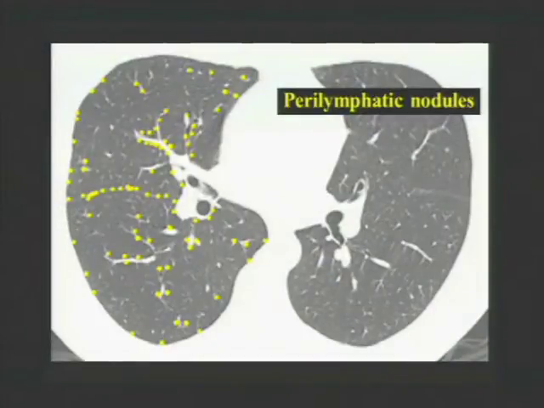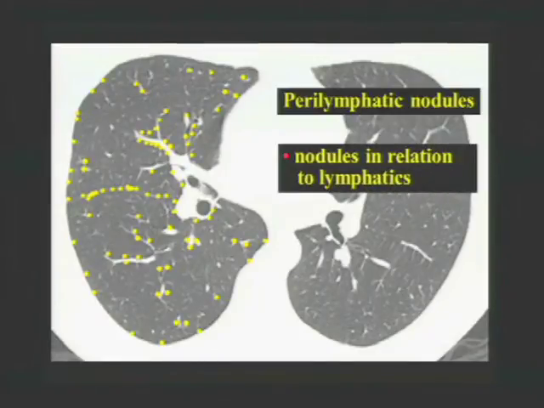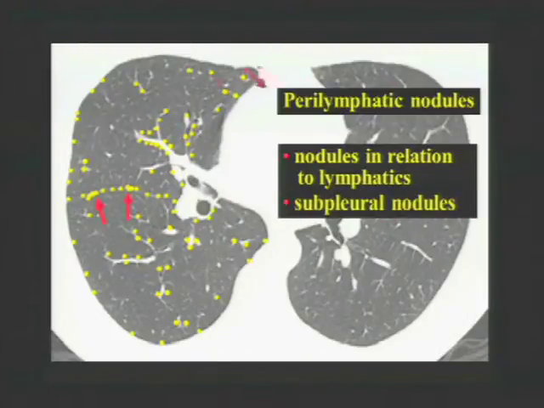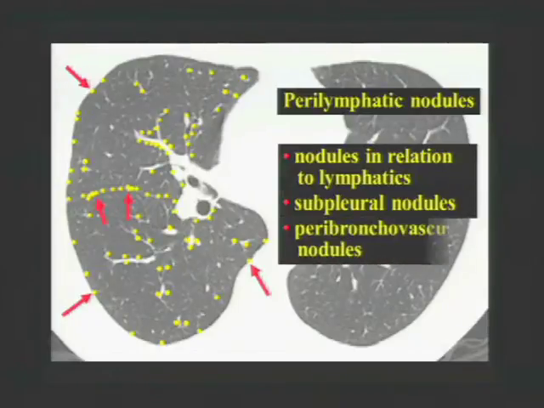Now, this is a demonstration of the distribution of perilymphatic nodules typical of sarcoid. Nodules with this distribution are called perilymphatic because the nodules are occurring in relation to lymphatics wherever there are lymphatics in the lung. And lymphatics occur in specific locations. They are subpleural. So you see subpleural nodules in the periphery and subpleural nodules adjacent to fissures in patients with a perilymphatic pattern.